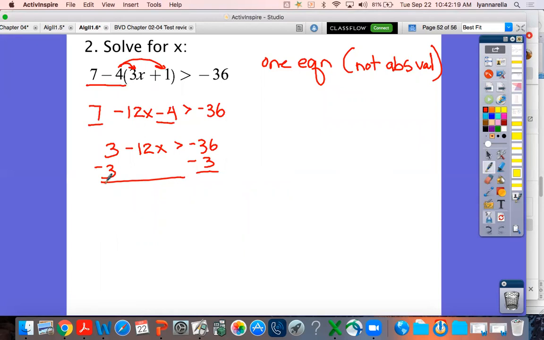No, that is a negative, isn't it? So I get negative 12x is greater than negative 39. And if I divide both sides by this negative 12, I get x is greater than, notice what happened here, because I divided by a negative, 39/12.